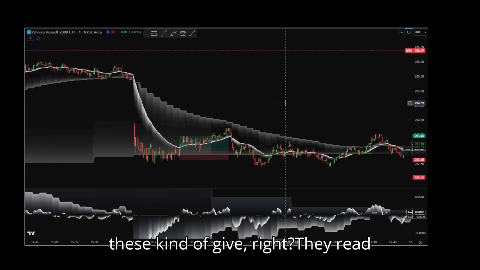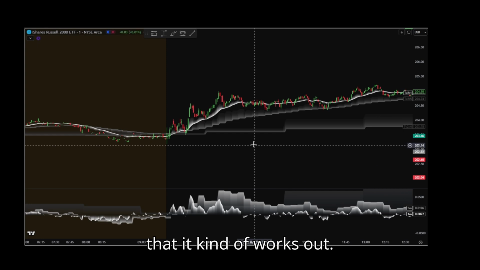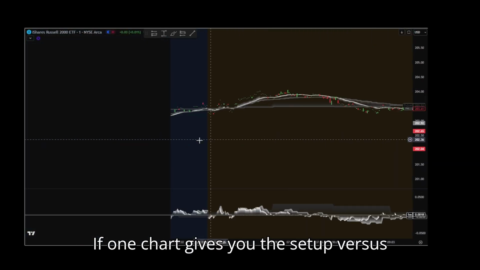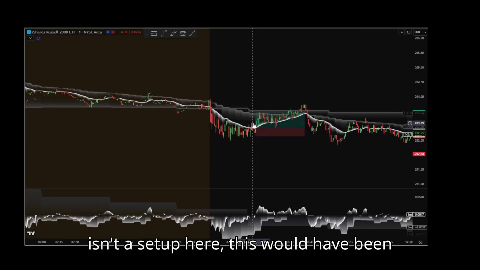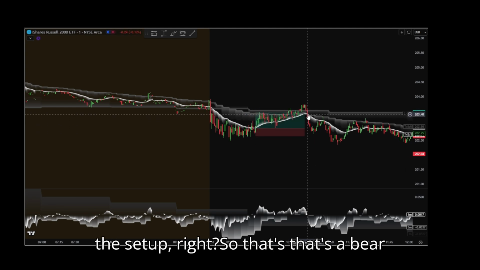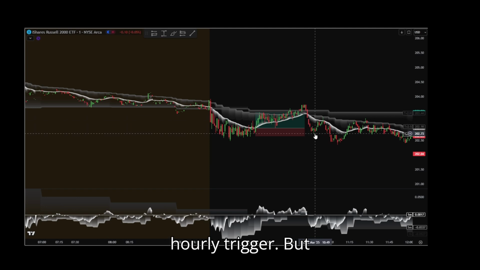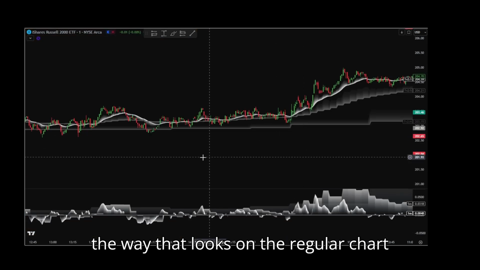They read differently on these charts, but I found that it works out if one chart gives you the setup versus the other, right? Because this isn't a setup here. This would have been the setup, right? So that's a bear plane setup after price breaks the hourly trigger, but the way that looks on the regular chart is very different.